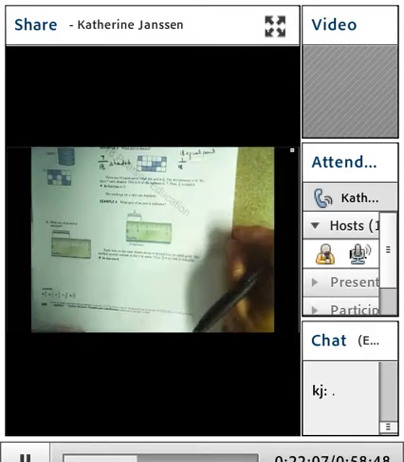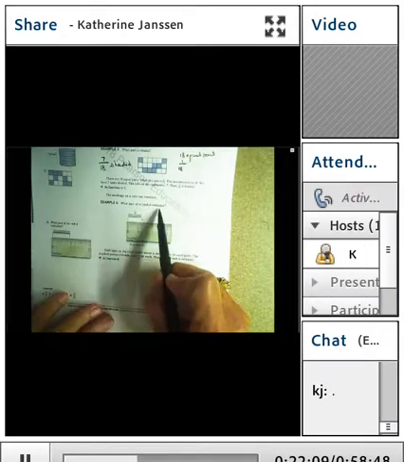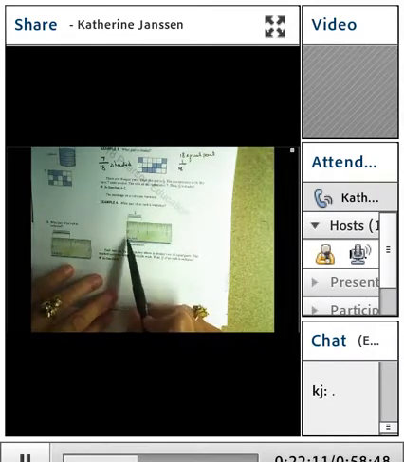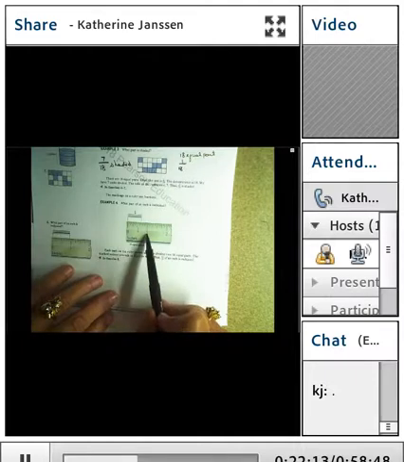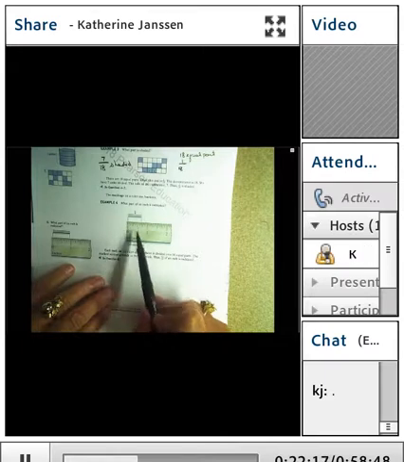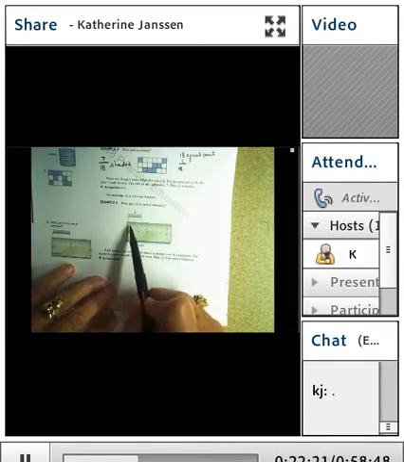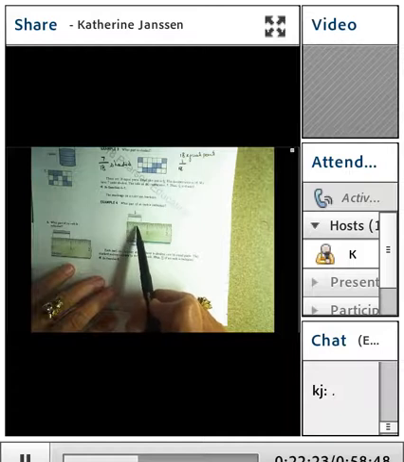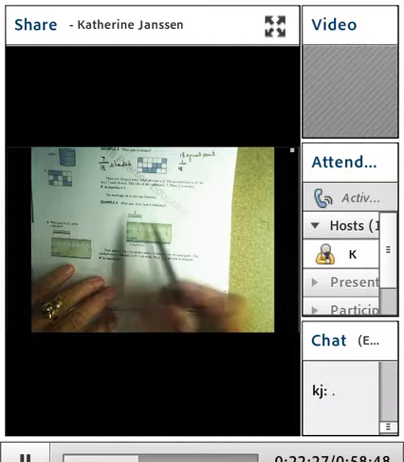On page 100, example 4, what part of an inch is indicated? Well, here we see our ruler, and there's up to 1 inch right here. And we've marked off 16 equal spaces: 1, 2, 3, 4, 5, 6, 7, 8, 9, 10, 11, 12, 13, 14, 15, and 16 at 1 inch.